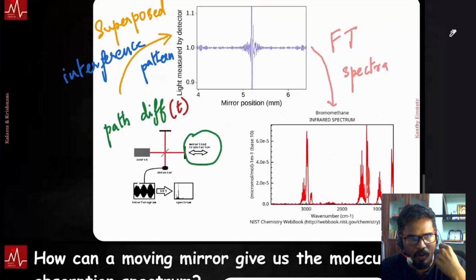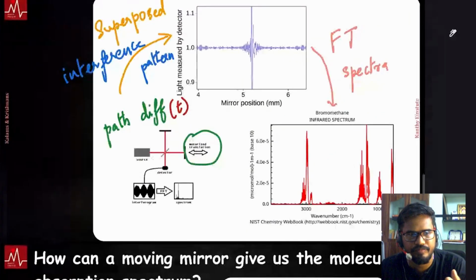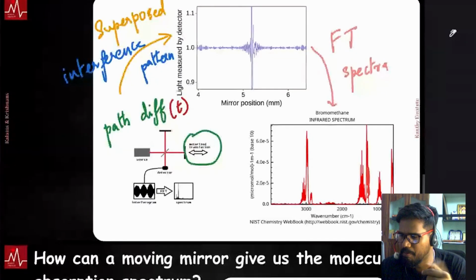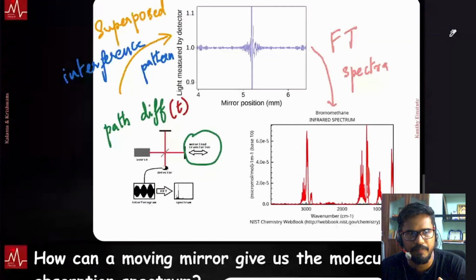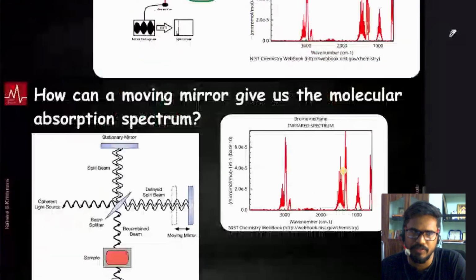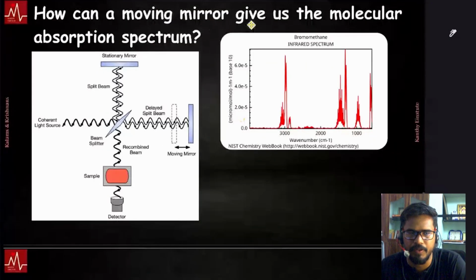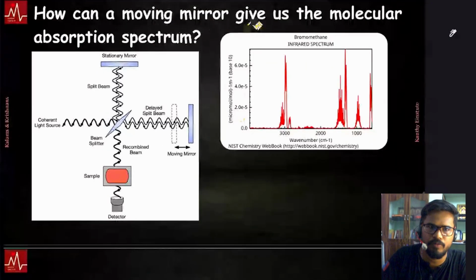Here you let all the light enter, but you encode frequency content using path difference by means of a moving mirror. What you detect is the net superposed interference signal, and the spectra gives you the absorption spectrum. So this is how a moving mirror gives you the molecular absorption spectra.